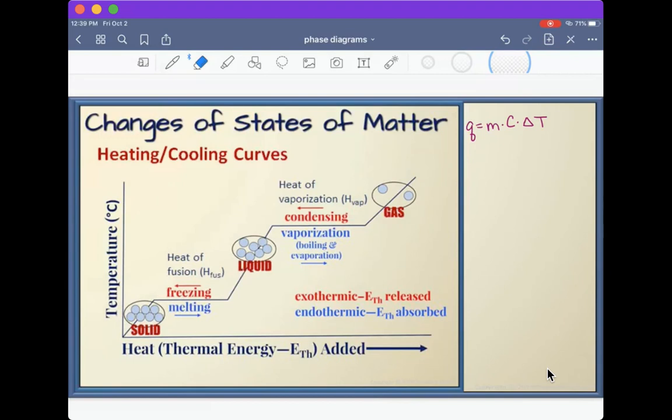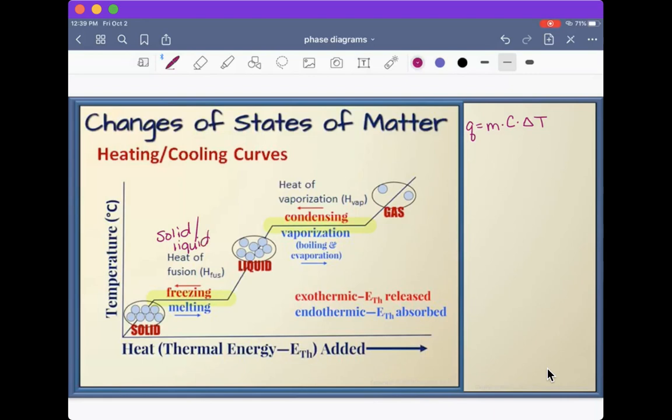All right, so that brings us to the flat areas. The flat areas are where our actual melting and our actual vaporization is occurring. At this point in the graph, your states of matter are in equilibrium with one another. So in the flat portions of the graph, in this area here, the solid is in equilibrium with its liquid.